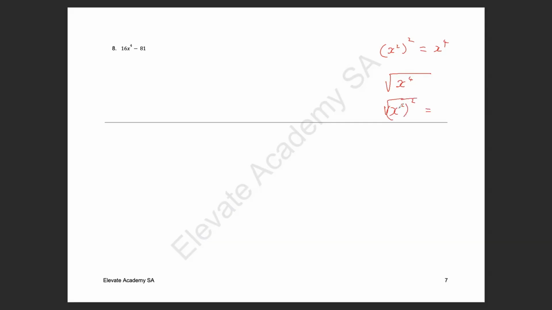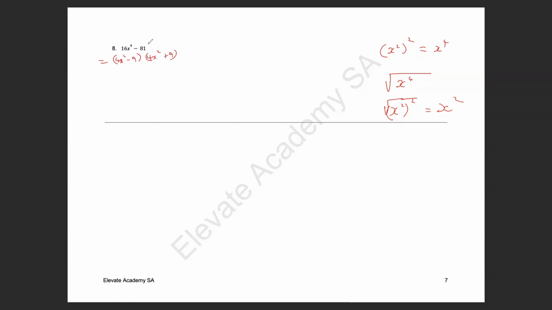And then when we square root that, the 2 will cancel, and we have x to the power 2. So yes, this is a perfect square. Again, two brackets. The square root of this is going to be 4x squared minus 9, 4x squared plus 9.